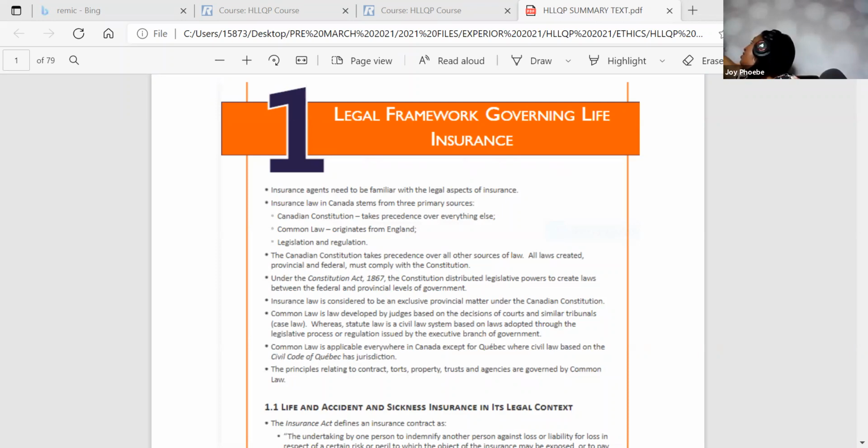I might need my glasses. Reading this tiny stuff is straining my eyes. Let me get my glasses.